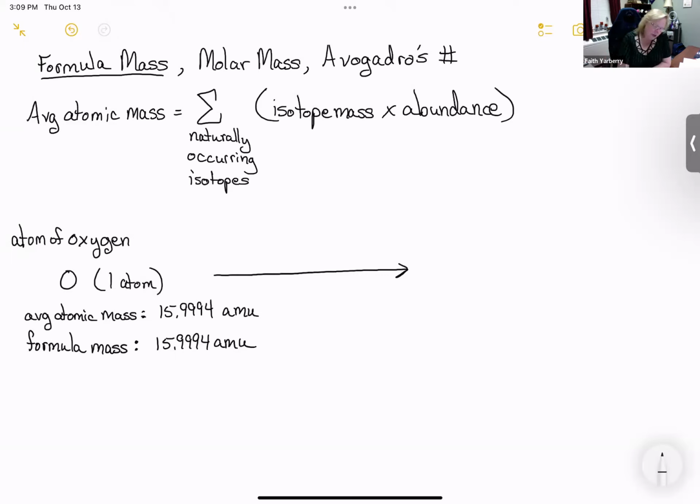What Avogadro discovered is that instead of looking at 1 atom of oxygen, if he took 6.022 times 10 to the 23rd oxygen atoms, then instead of talking about a formula mass in AMUs, he had something he could actually measure. He had 15.9994 grams of oxygen.